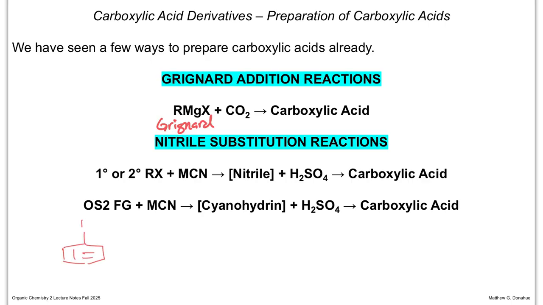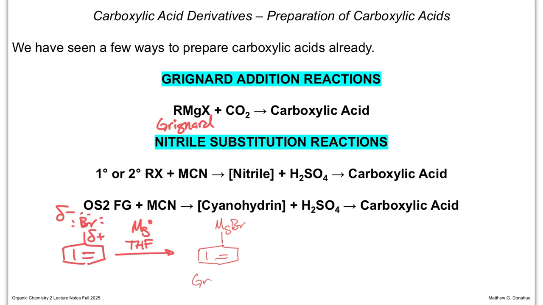So for example, if we started with bromobenzene, the C-Br bond is polarized that way, but we can treat that with elemental magnesium in THF, which is the solvent. The magnesium will insert into the carbon and bromine bond.